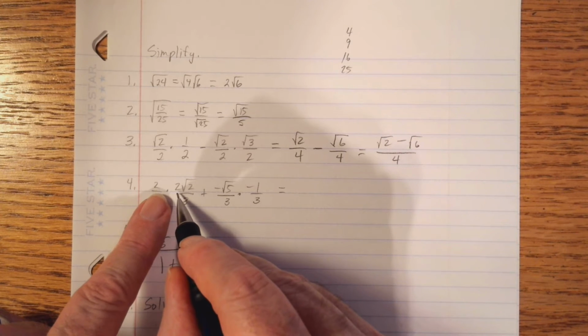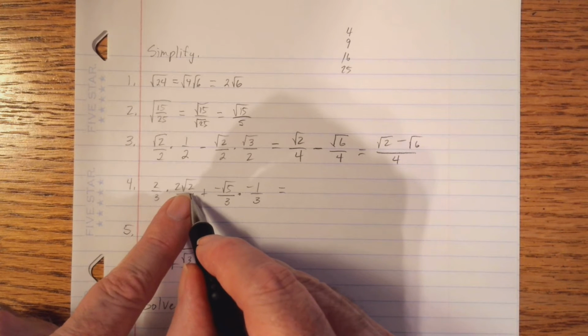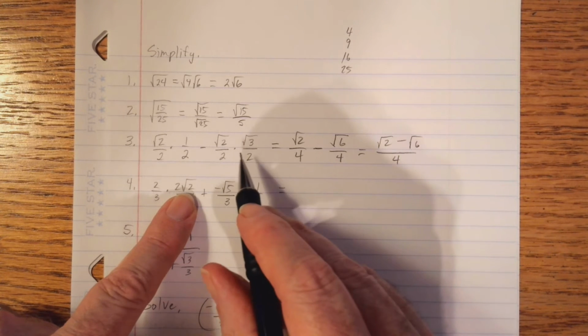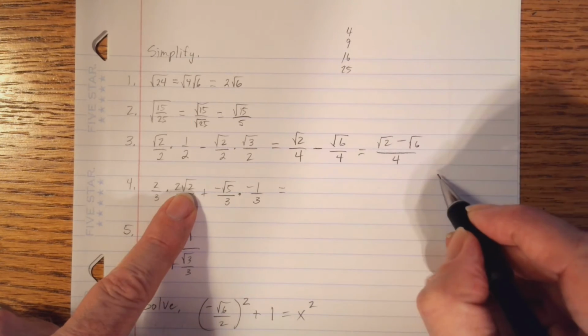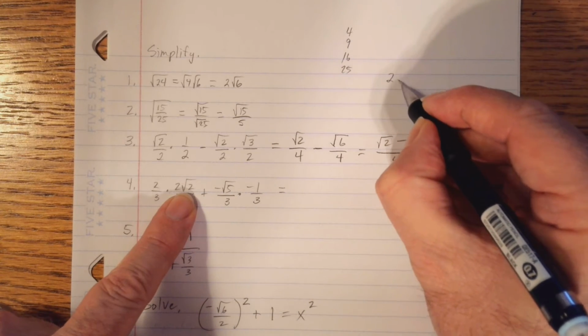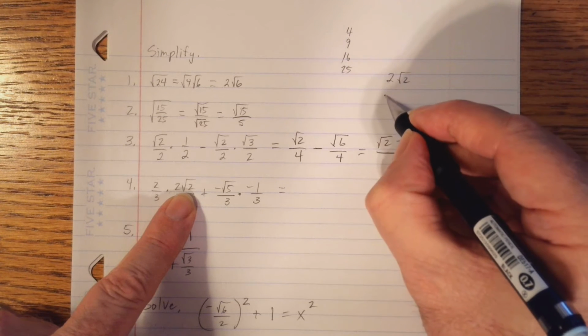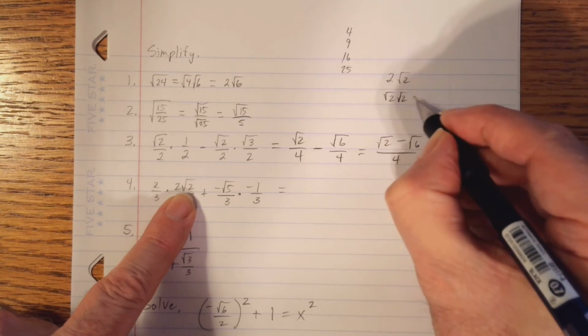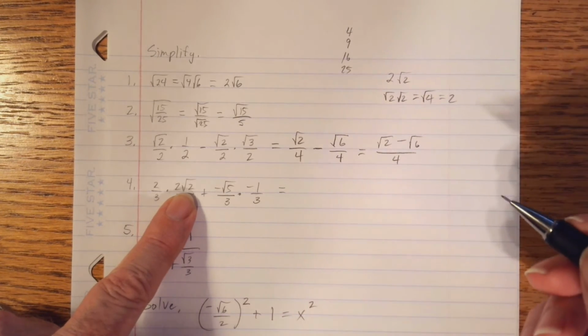Notice we're just multiplying the numbers out front. I could only multiply the radical 2 times another radical like I did up here. So if I did like 2 times the square root of 2, I can't do anything further to simplify that. If I had square root of 2 times square root of 2, that would be the square root of 4, which is actually 2.